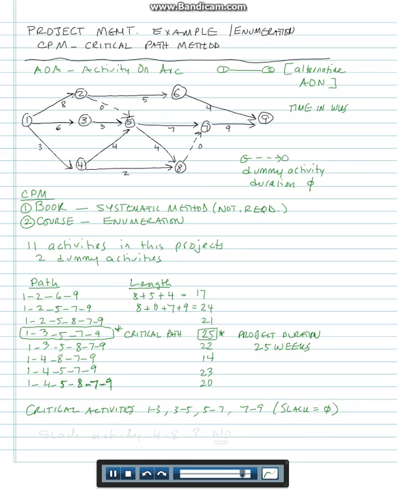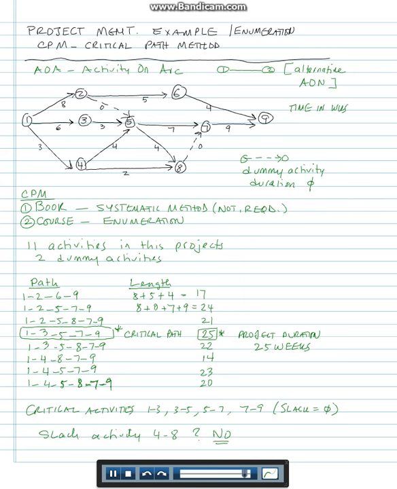So do I know the slack for, for example, activity 4, 8? The answer is no, because I did it by enumeration and I don't have that kind of information.